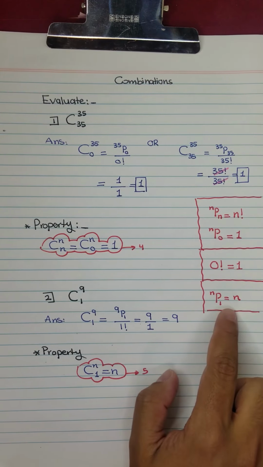Okay, so let's continue now. Just to remind you, we're still with the lesson of combinations. So far, we have discussed 5 different properties of combinations. And now, let's look at the 6th one. So property number 6.